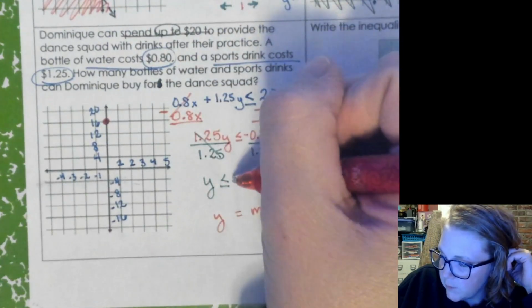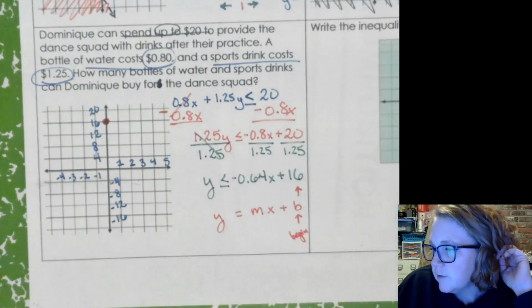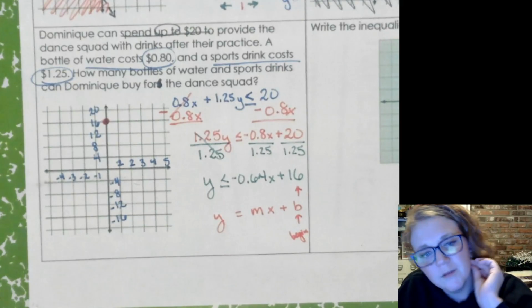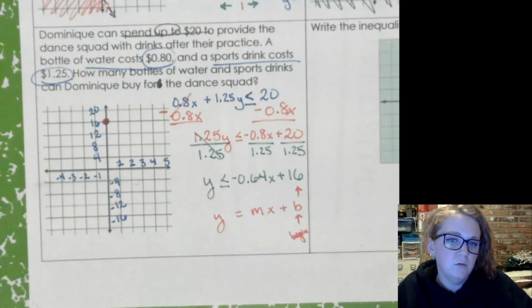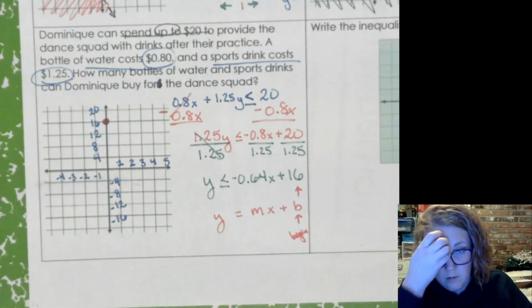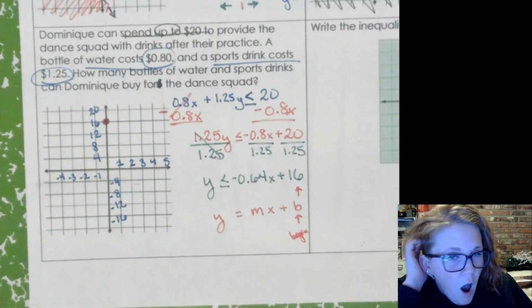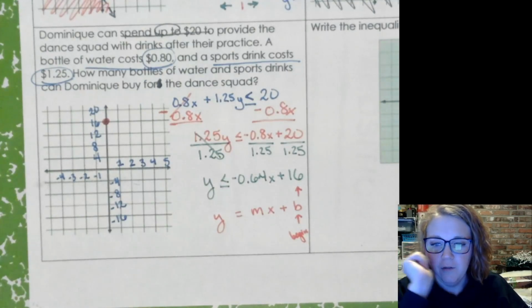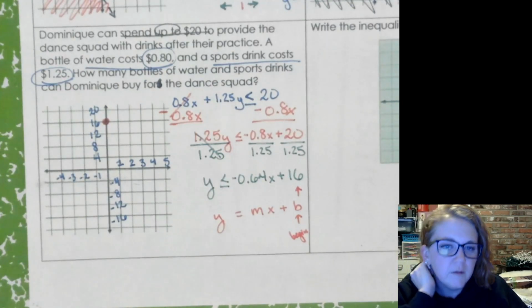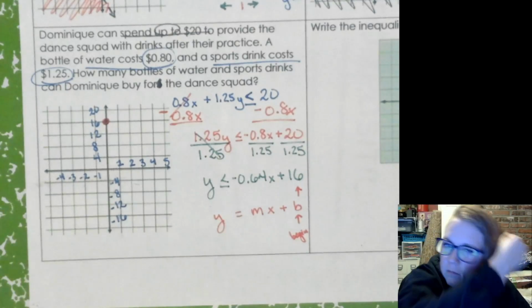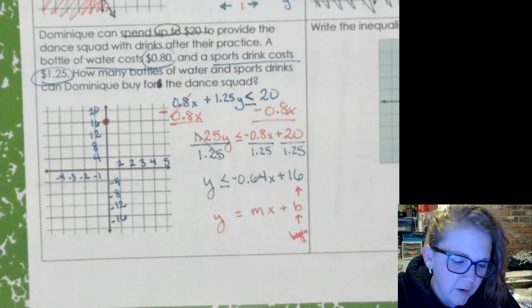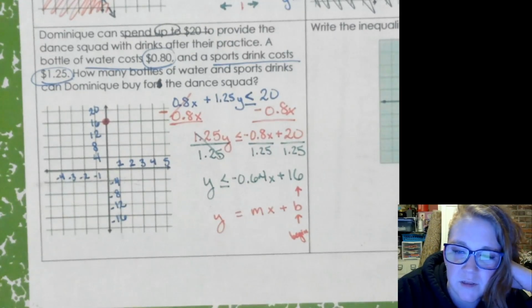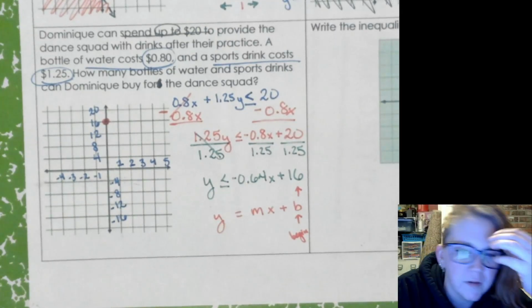And then it says negative 0.64. If you wanted to figure out another dot that you could put on there, you have that negative 0.64. That's kind of hard to graph.